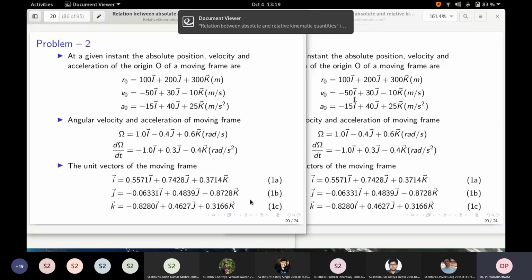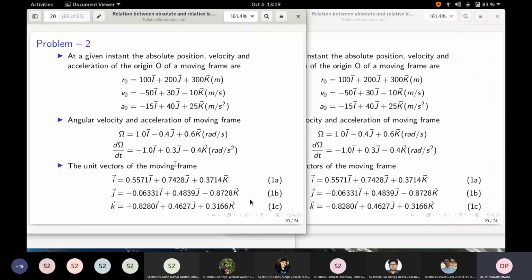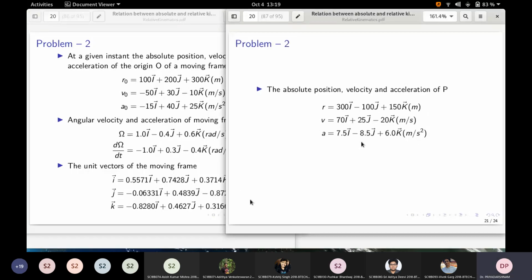Angular velocity and angular acceleration are also given. Then the unit vectors of the moving frame are also given. That is, this is a coordinate transformation. So what do you have to compute?